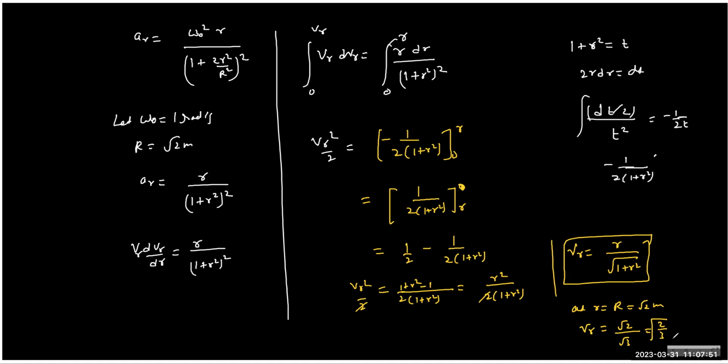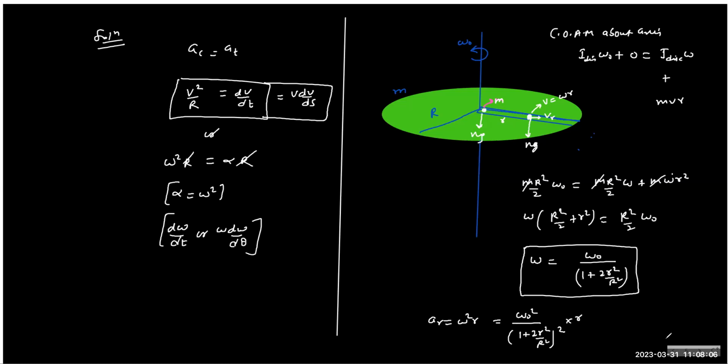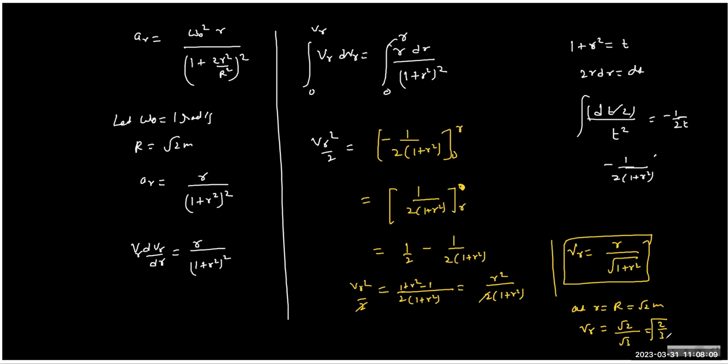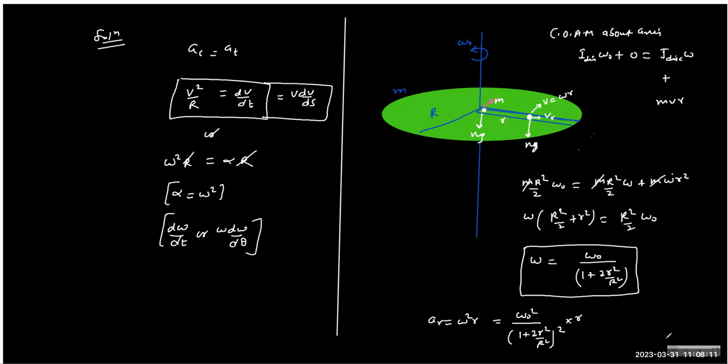And at that instant, what will be the omega? Omega at r equals capital R: omega naught, which is 1, upon 1 plus r square, so it's 1 by 3. So what is the tangential velocity at that instant?